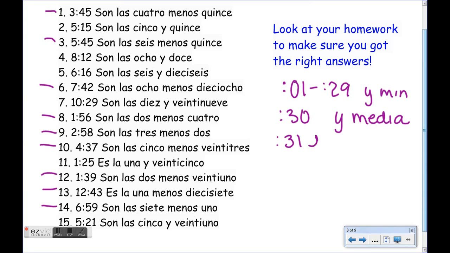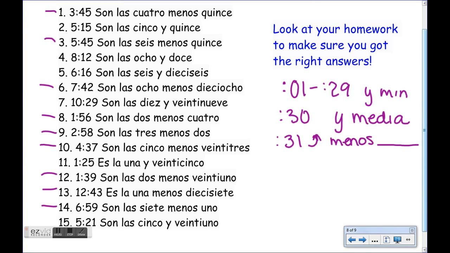And if we have minute 31 up to 59, then we use menos and the number of minutes to the next hour. Okay, so remember we have to boost the hour by 1.